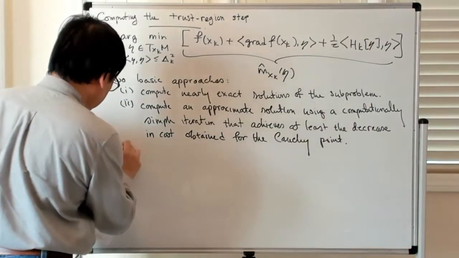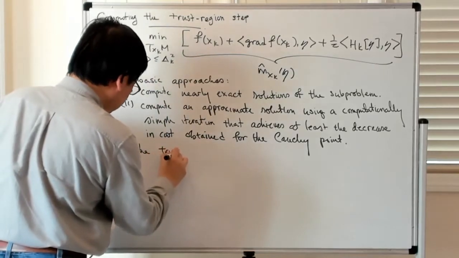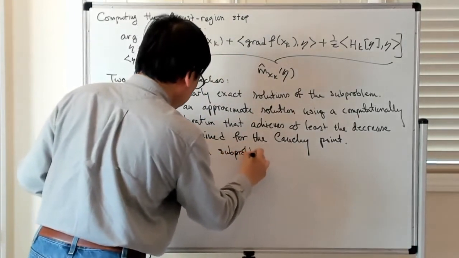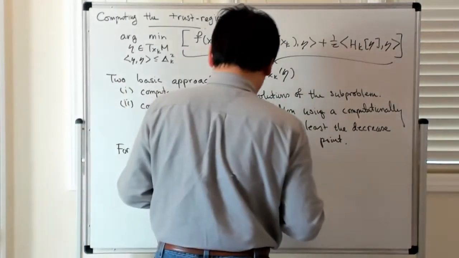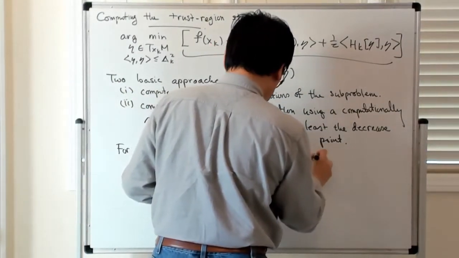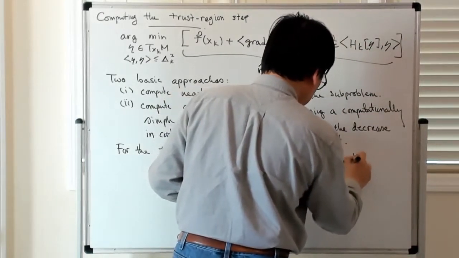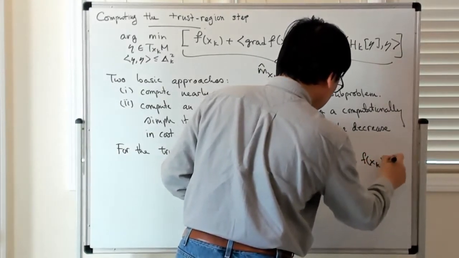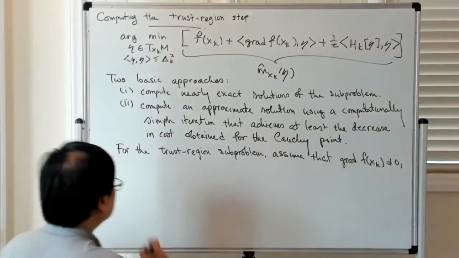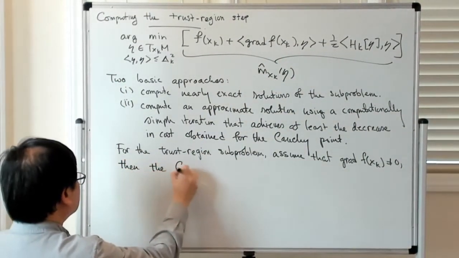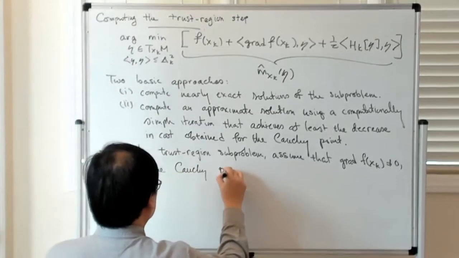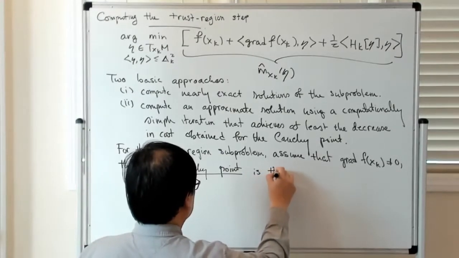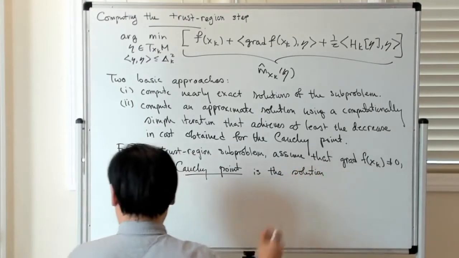For the trust region problem, if you assume that the gradient of f at the current iterate is not equal to 0, then the Cauchy point is the solution of this one-dimensional problem.